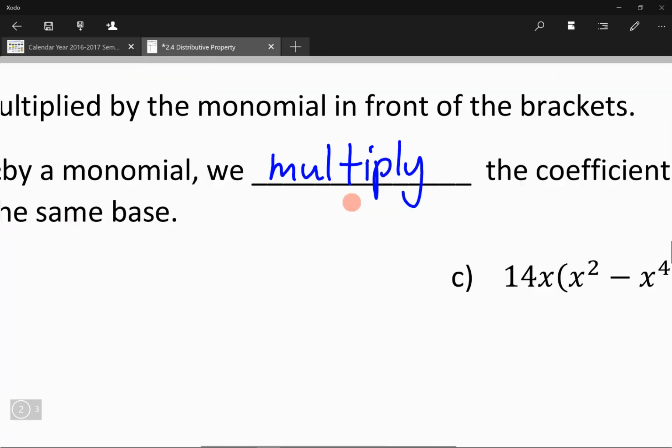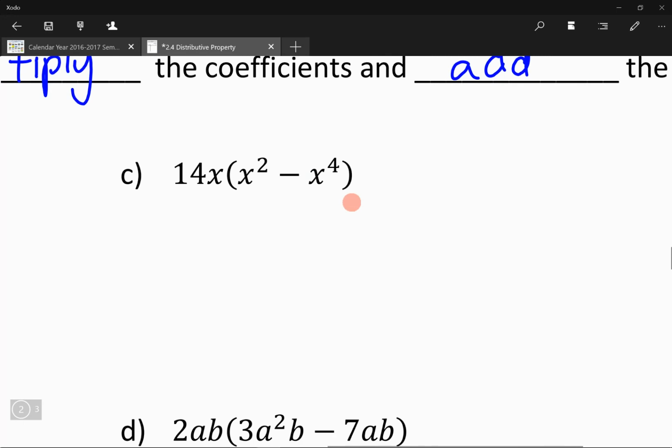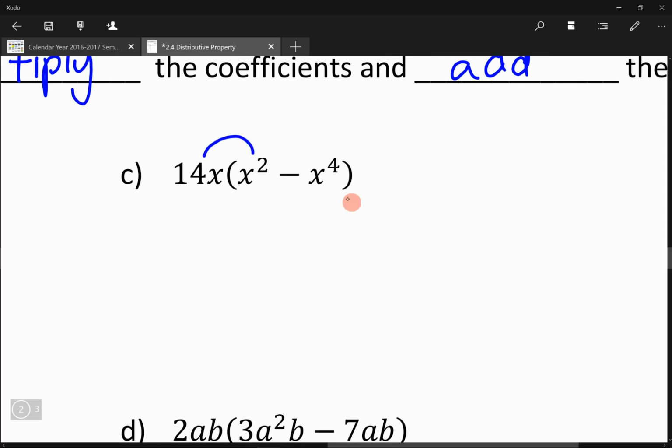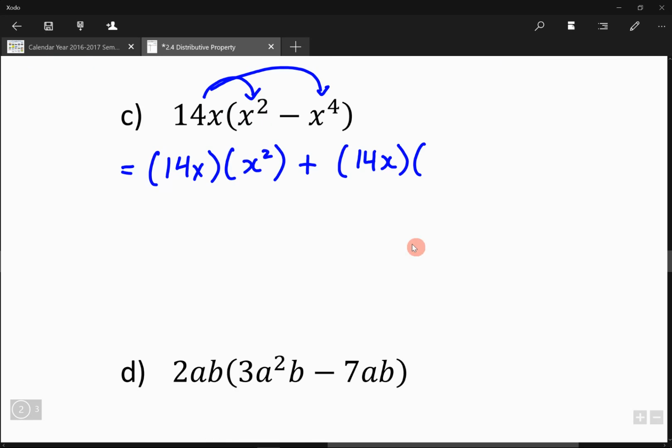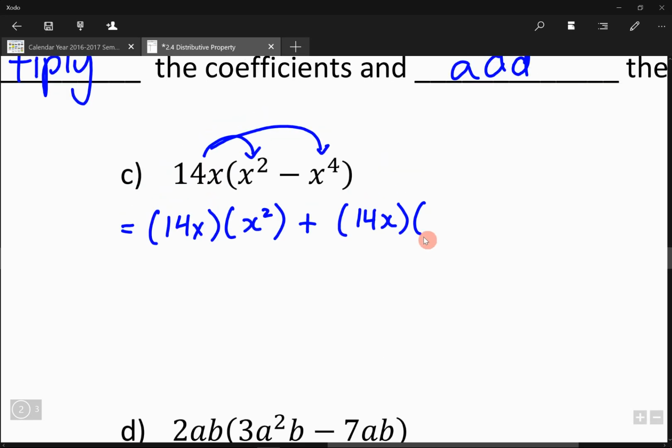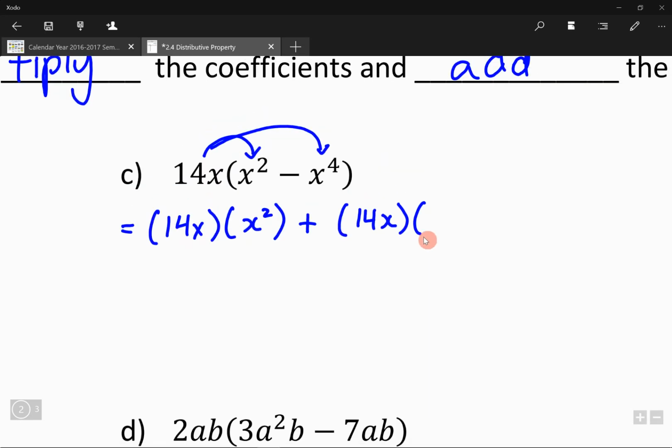Okay, let's go to part C. All right, let's try this one. So again, multiply this monomial with the terms inside the bracket. So what we have here is 14x times x squared plus 14x times negative, so again, there's a minus sign in there, so that's why I'm choosing to put the minus sign inside the bracket.